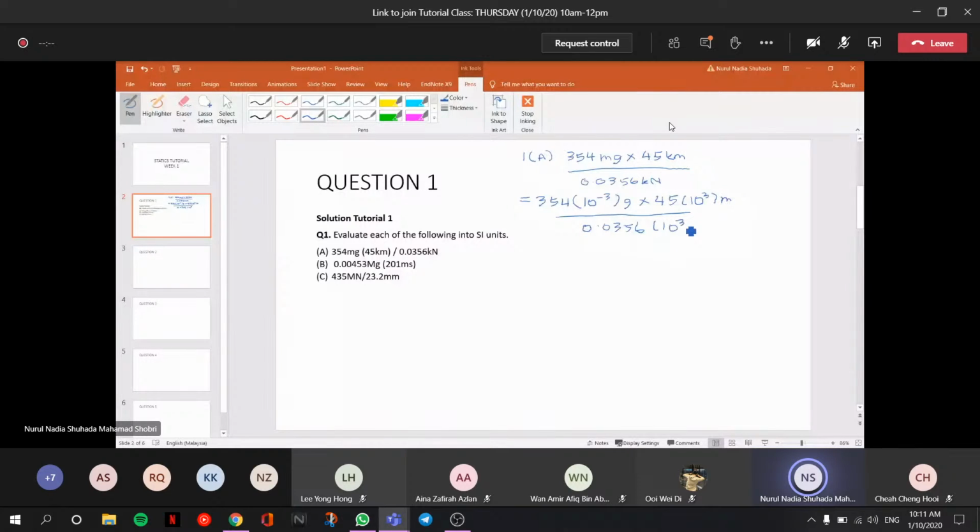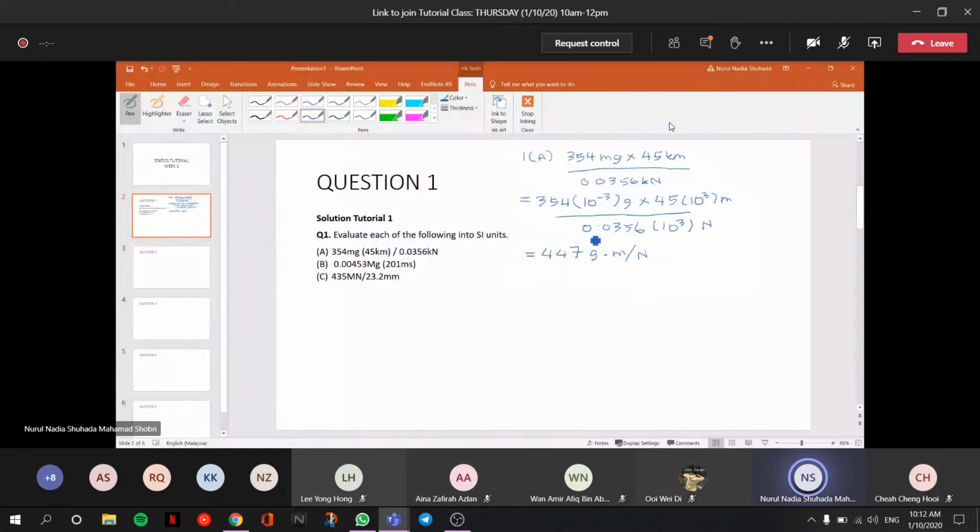So you guys get this. So the answer, if you guys solve the numbers, it would be 447 gram dot m per newton. As you guys know, the question was in SI unit.